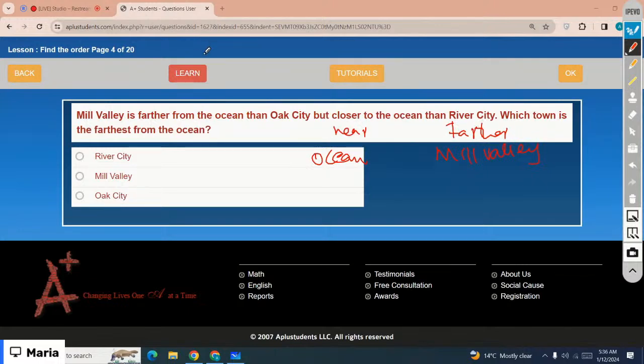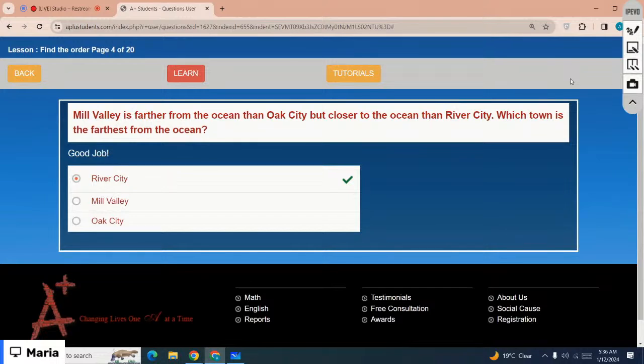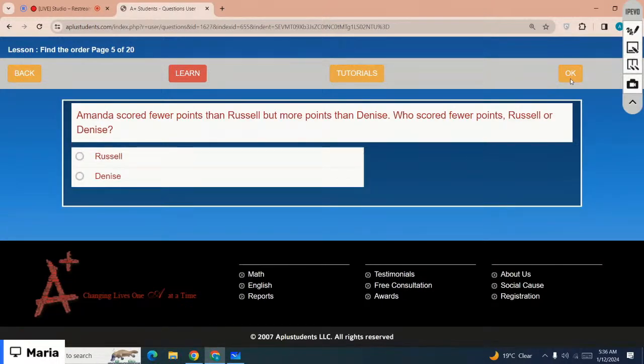Which town is farthest from the ocean? I think that is Mill Valley. River City. Okay, let's see if it is. That is River City. You guessed the right answer.